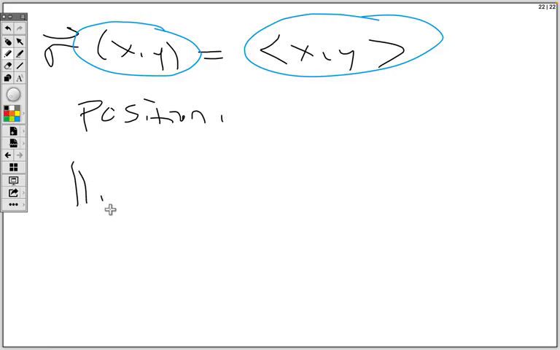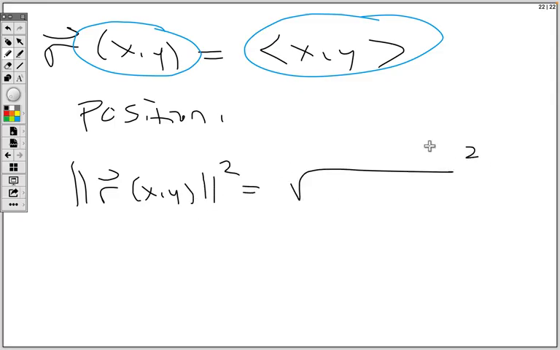So if we take the magnitude of this thing squared, that means we would have this square root squared. You just get x squared plus y squared. So what this is really doing is measuring your distance squared from the origin.